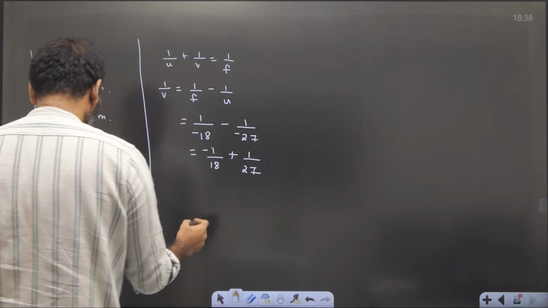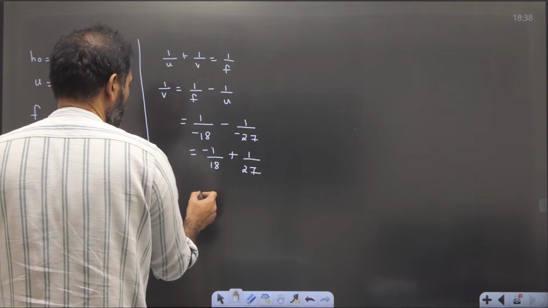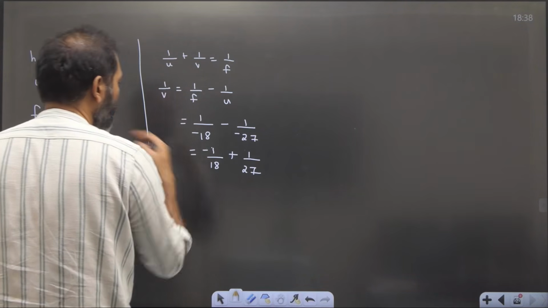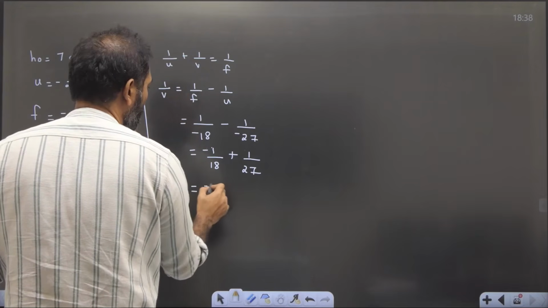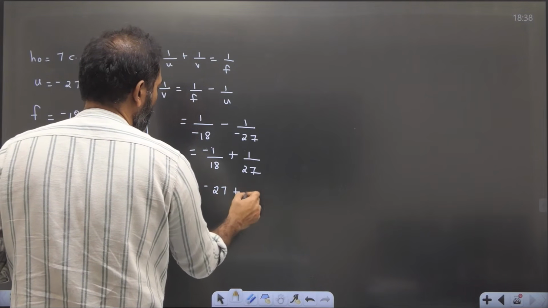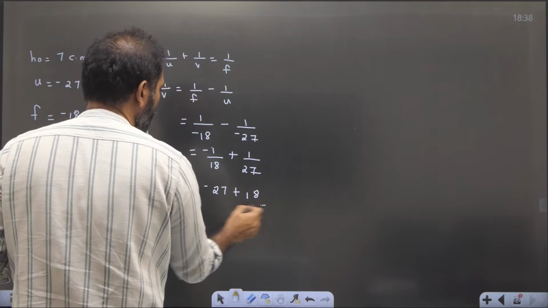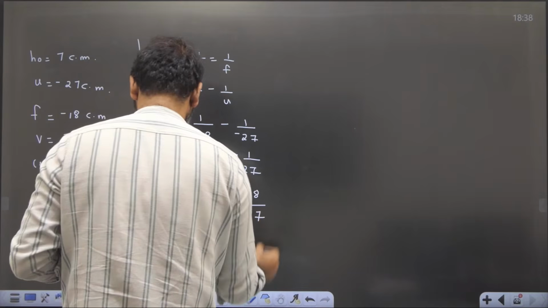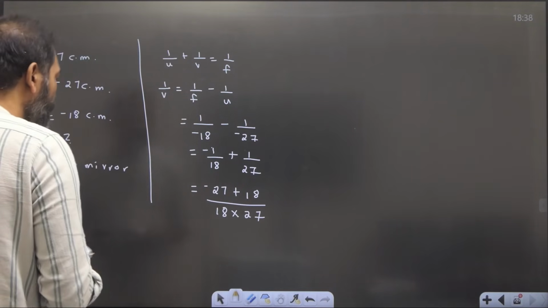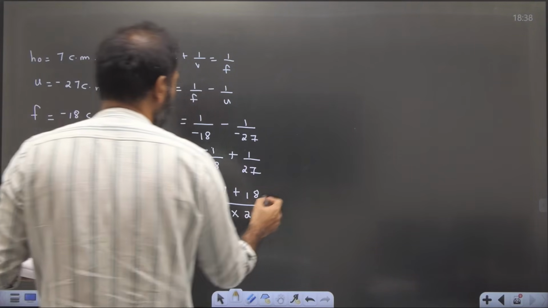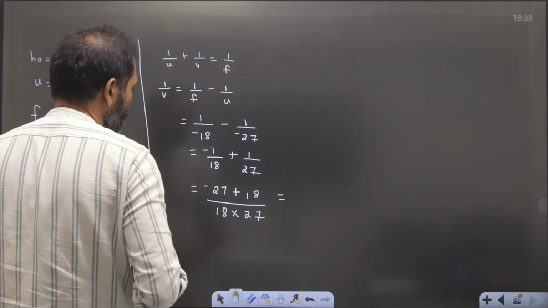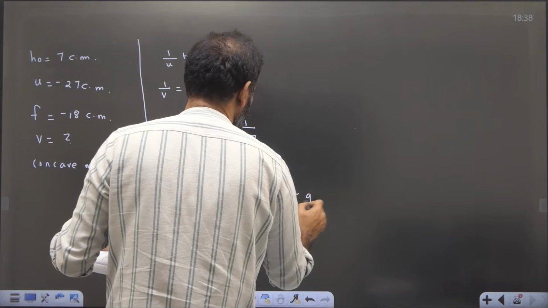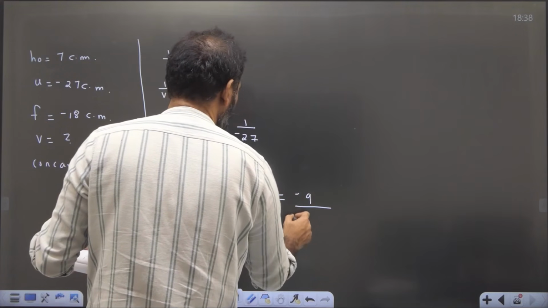If you solve that, we get minus 27 plus 18 divided by 18 into 27, which is minus 9 divided by 18 into 27.